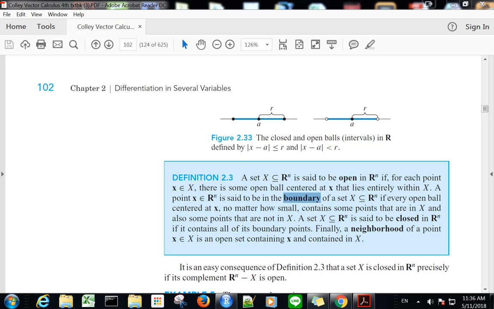But when we're talking about n greater than 1, how do we define open and closed? We'll do it in terms of this word boundary. But sorry, it says a set is said to be open if for each point x in the set there is some open ball centered at x that lies entirely within the set.